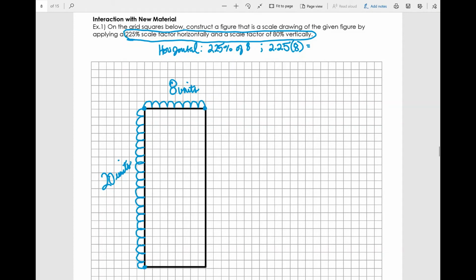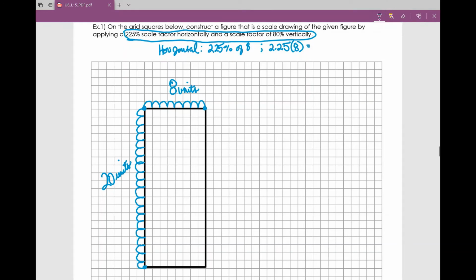So let's start kind of close to our other one, our rectangle, so that we have enough room at least. Let's start right here. We want to go 18. So we have 1, 2, 3, 4, 5, 6, 7, 8, 9, 10, 11, 12, 13, 14, 15, 16, 17, 18.